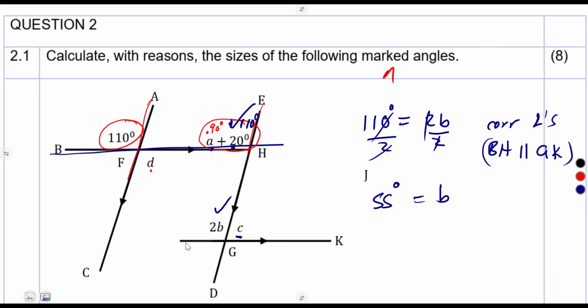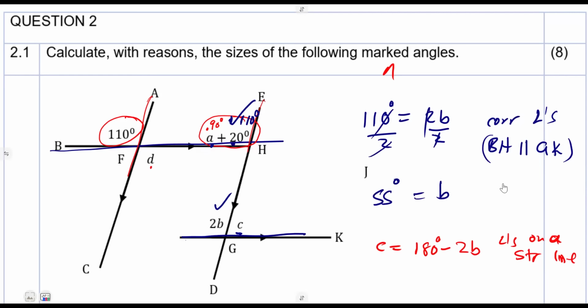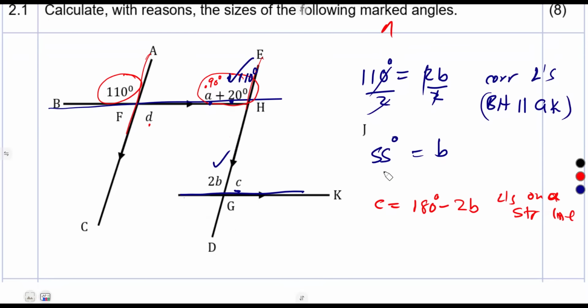Then to find C, we can use angles on a straight line. All right. Angles on a straight line, C is equal to 180 minus 2B. Where the B here is 55.